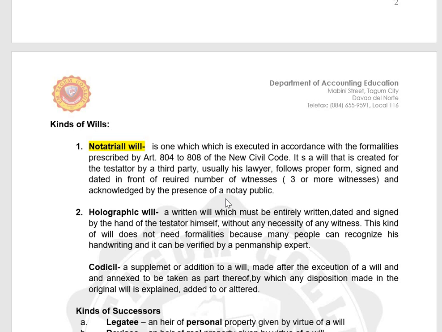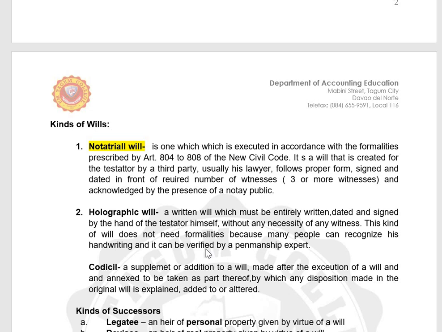Okay? So we have holographic will naman. So holographic will is a written will which must be entirely written, dated, and signed by the hand of the testator himself without any necessity of witnesses.